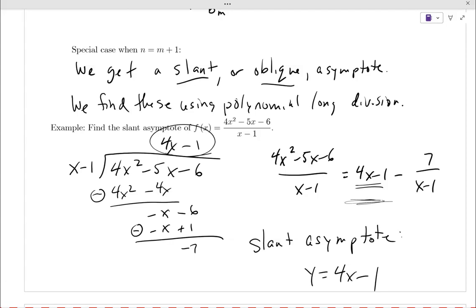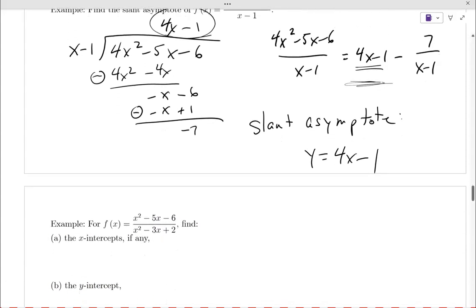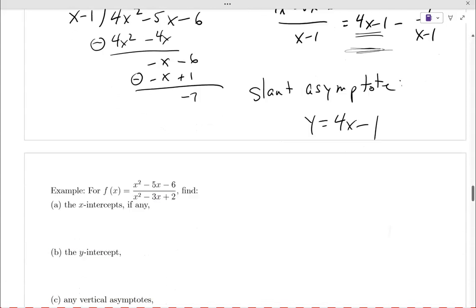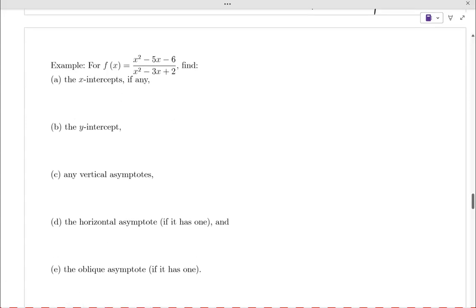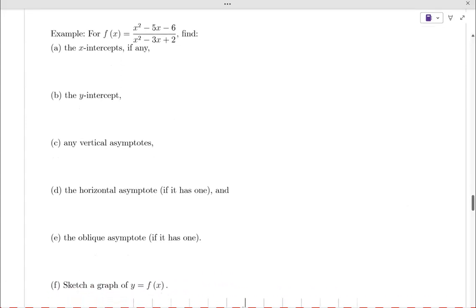Okay. All right. So let's see if we can put all of this stuff together and get a decent looking graph for different rational functions. In this one, we're looking at the function x squared minus 5x minus 6 over x squared minus 3x plus 2. And it's asking a whole bunch of different things.